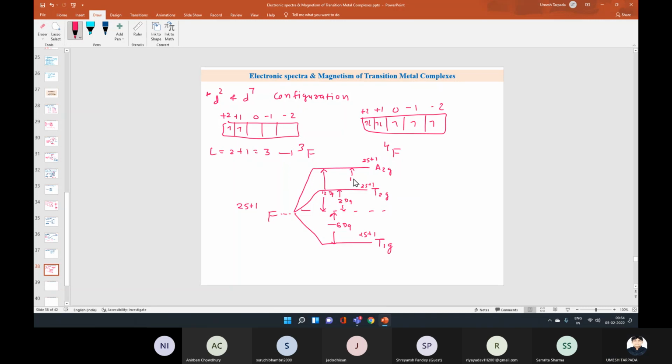Okay, so this is for F term for which system? D2 and D7 weak octahedral. तो यहाँ ग्राउंड टर्म T आ जाएगी। टेट्राहेड्रल में क्या होगा?